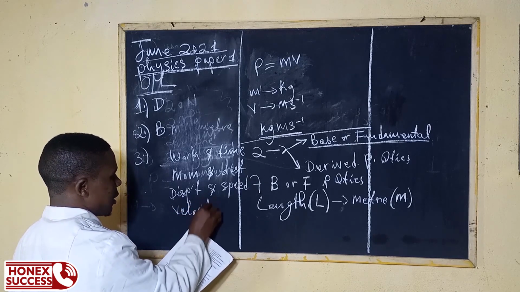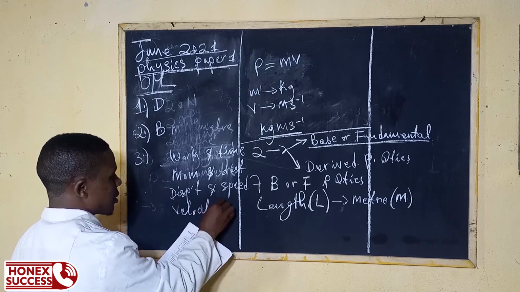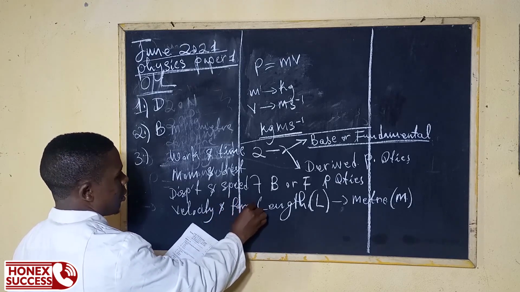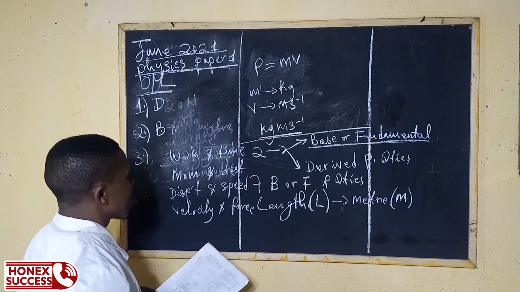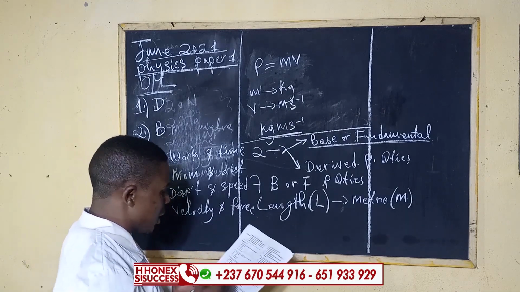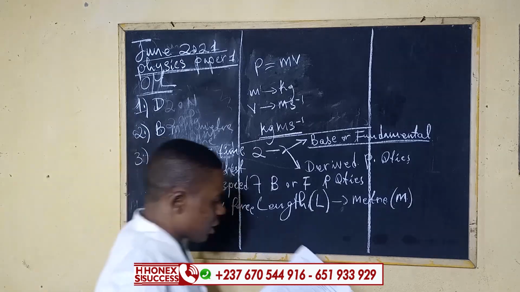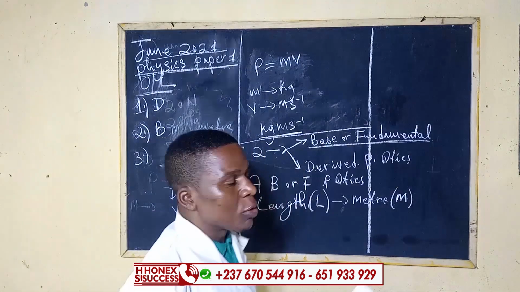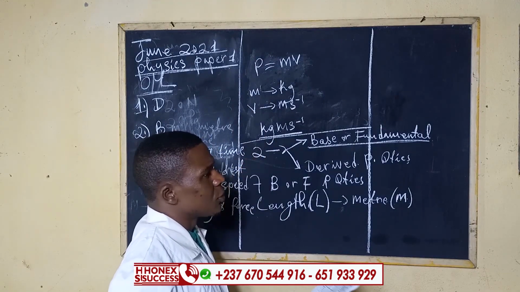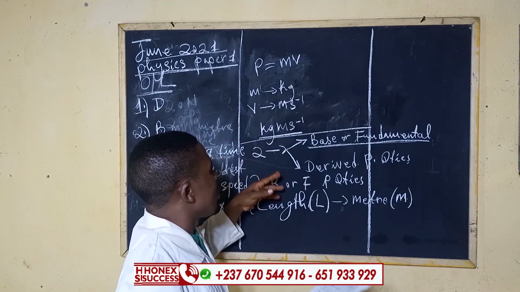Okay, now we need to compare to see which one falls under scalar quantity. Remember, still in your notes under introduction to mechanics in Form 3, you were taught scalar quantities and also vector quantities.